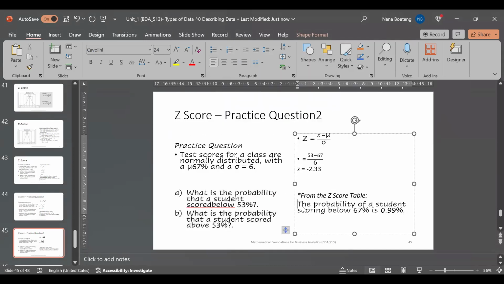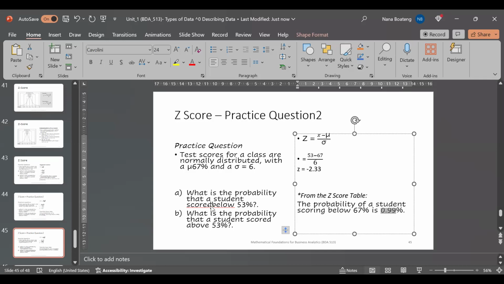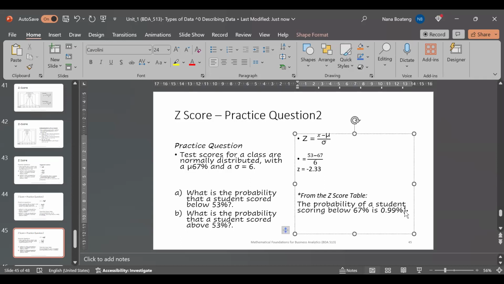So let's say this is A. So we've read the first one for A. Now, when we worked it, we got 0.99. That one relates to the A, the probability that somebody scored below 53%. So if you want to find out the probability that somebody scored above 53%, then it's going to be 1 minus 0.99.